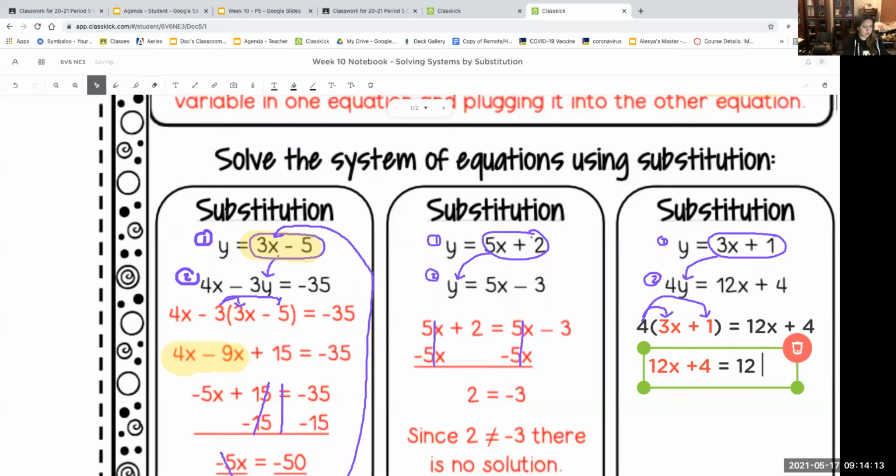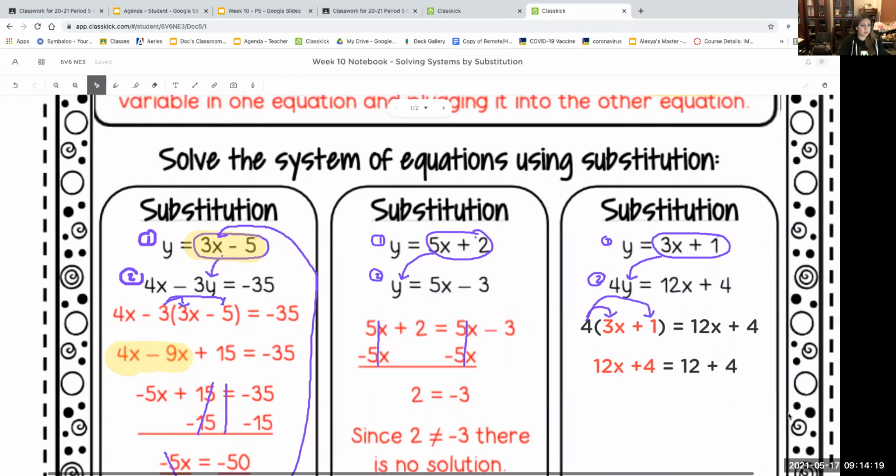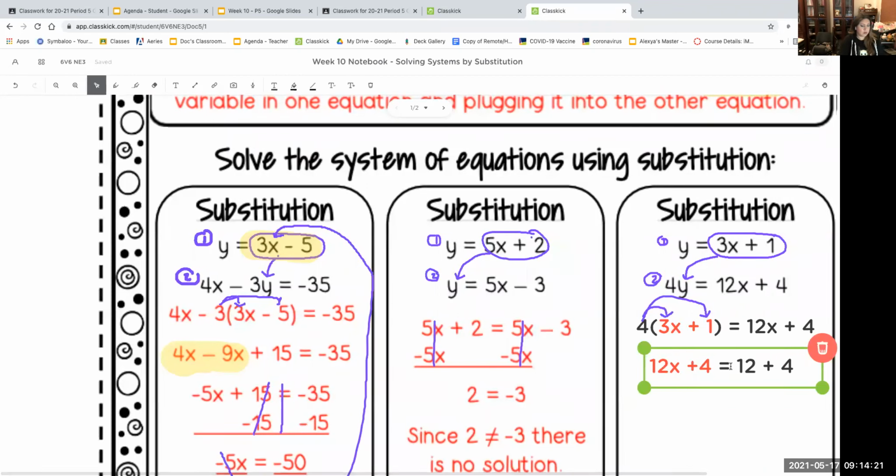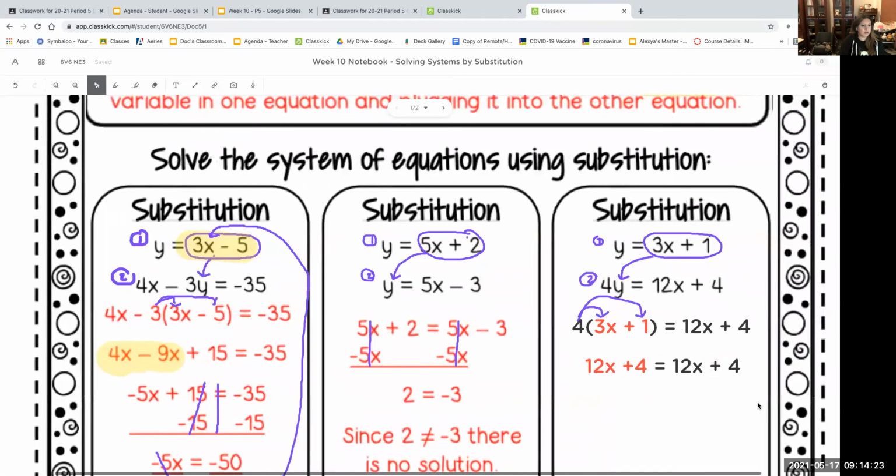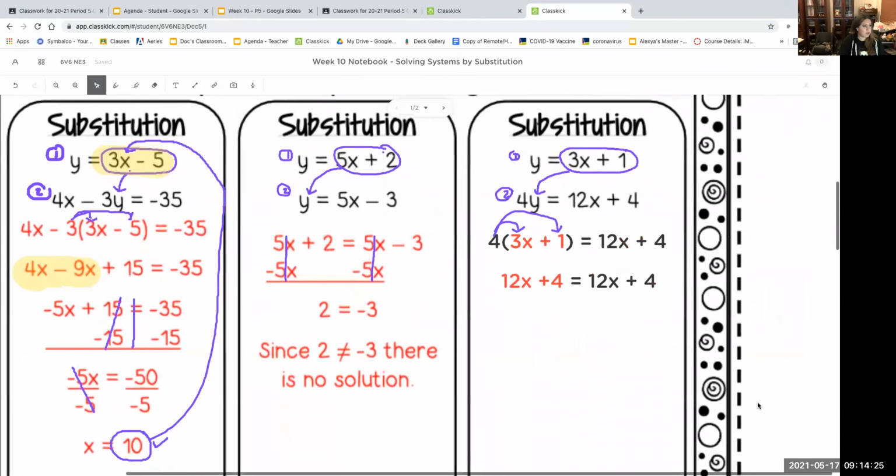Everything else comes down. Oops, almost forgot that x. See, I make that mistake all the time too.